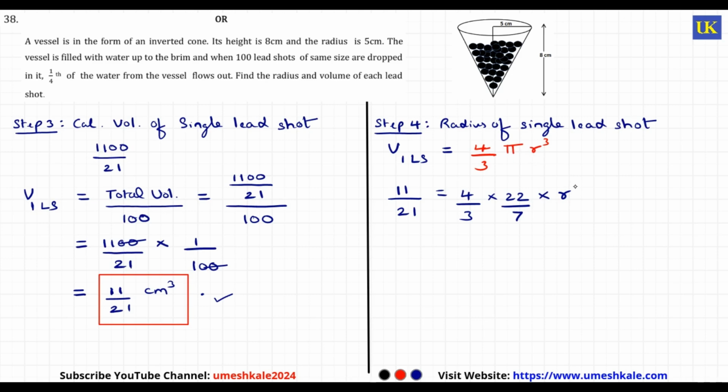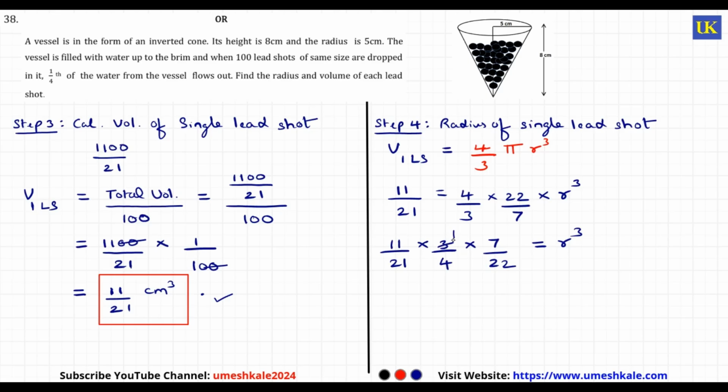So we don't know the radius, we need to find the radius, so we will keep r cube as it is. Now I will push everything to the other side. So 11 into 21, when it will go here, it will become 3 by 4 into 7 by 22 is equal to r cube. So I pushed both these things to the other side.